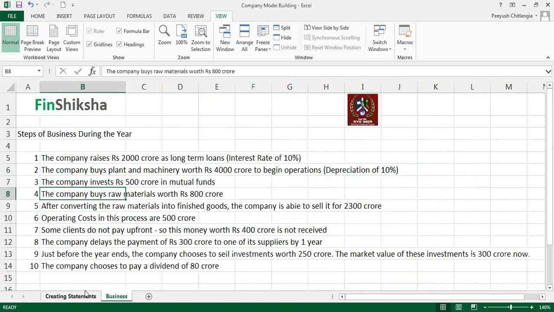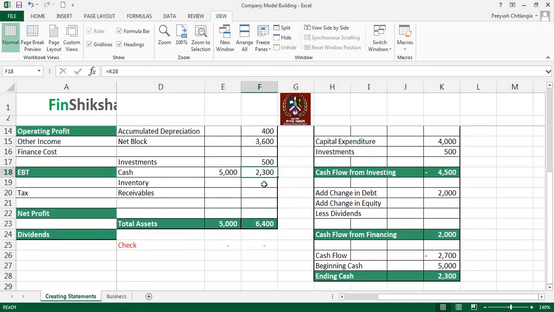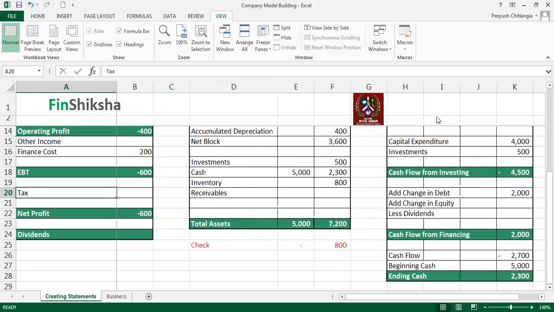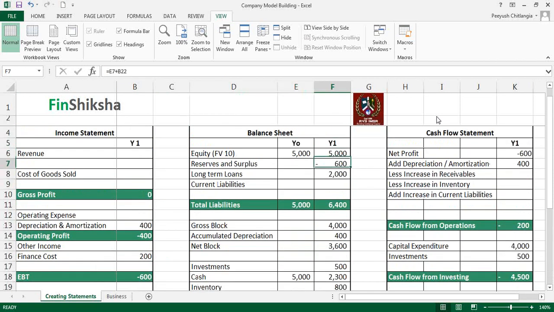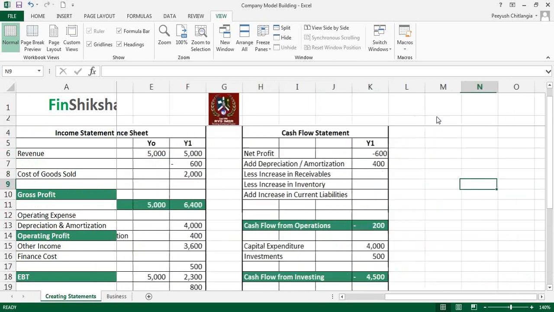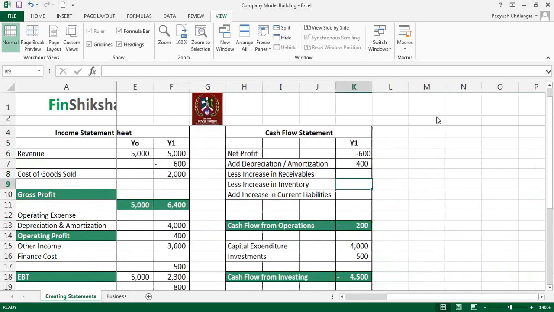Company buys raw materials worth 800 crore. Raw material would initially come and sit in the inventory piece. So we put in the inventory piece here as 800, and that 800 kind of comes in as inventory. There's an increase in inventory. That increase in inventory has to go out in the form of cash because you would have paid cash to take this out, correct?